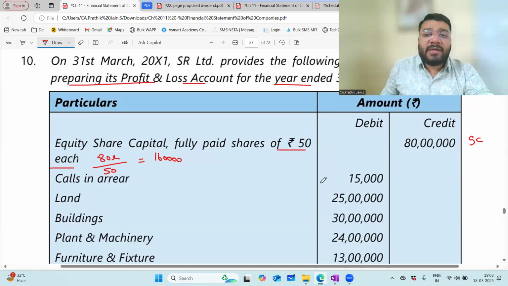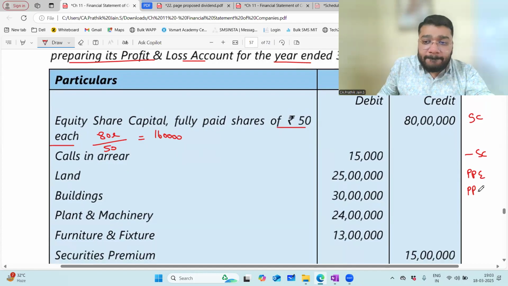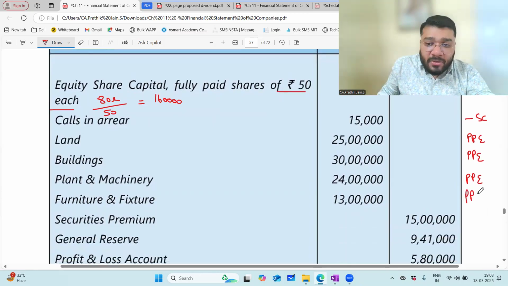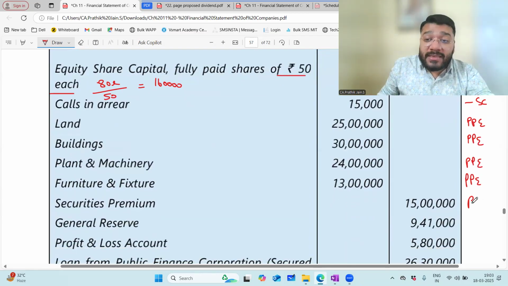Okay. Call scenario 15,000. What will I do? Minus it from share capital. Land at 25 lakh rupees will go to your property, plant, equipment. Building, PPE. Plant and machinery, PPE. Furniture fixtures, PPE. Okay. Security premium. Very good. Reserves and surplus.